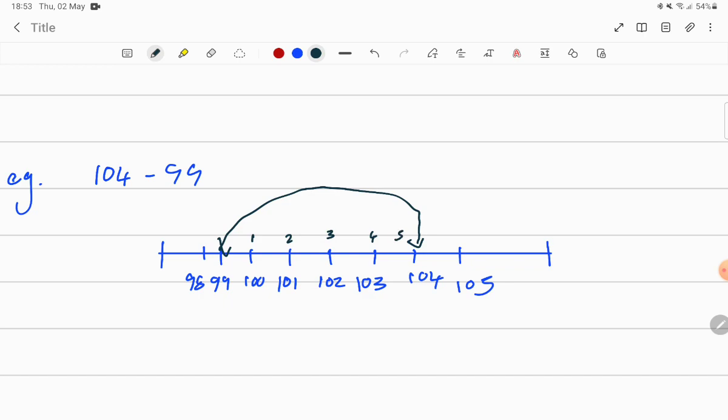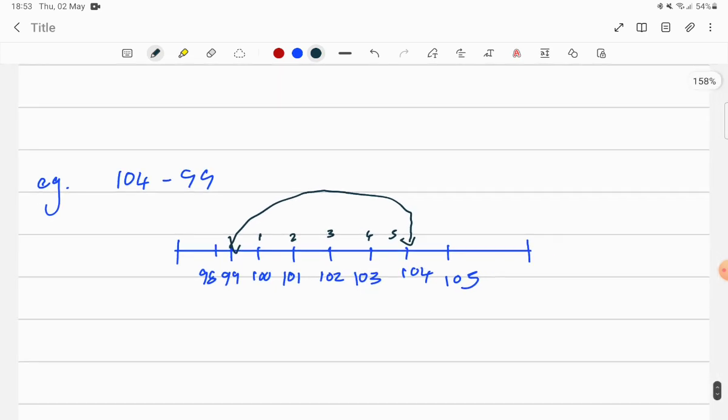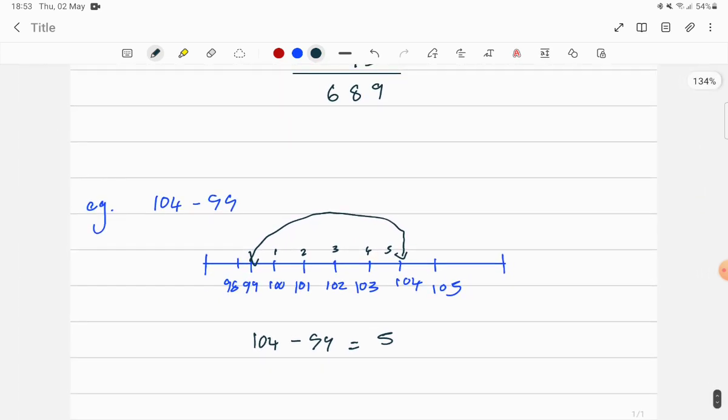So if you were to go from 99 to 104, 104 minus 99 is equal to the number of steps. So that's 1, 2, 3, 4, 5, which is equal to the number of steps, as we can see there, to confirm.